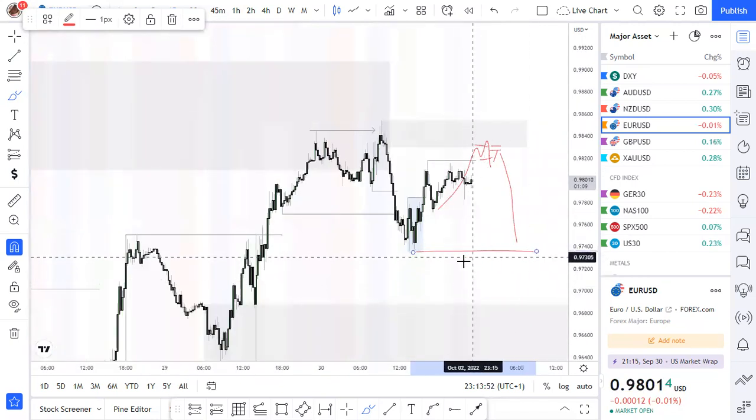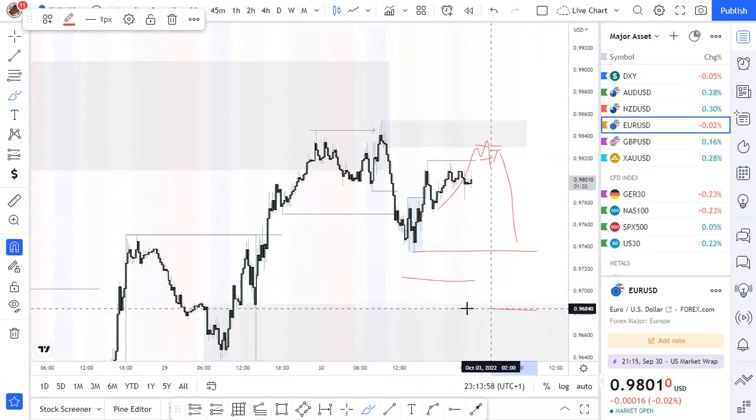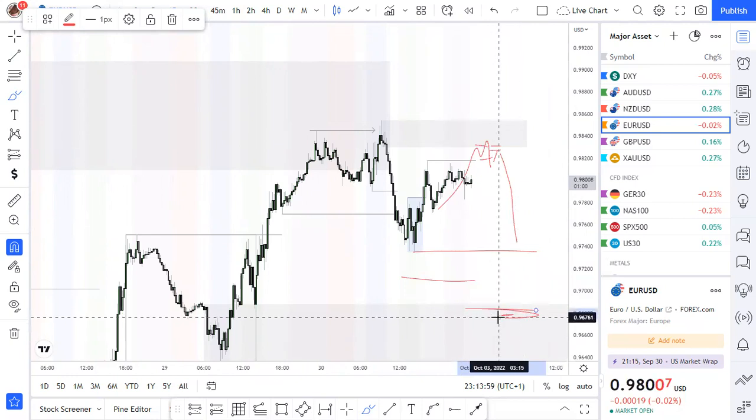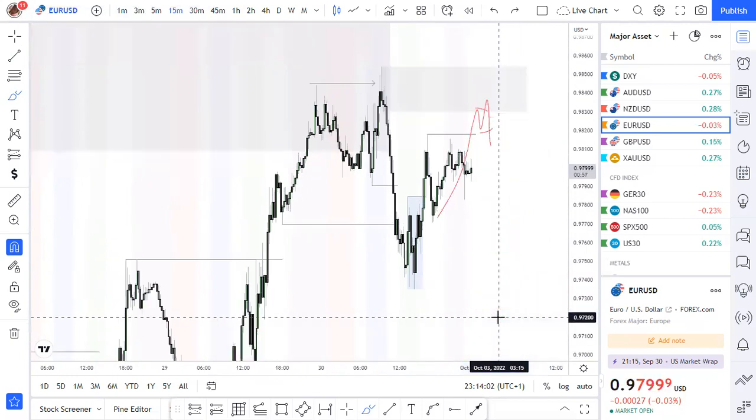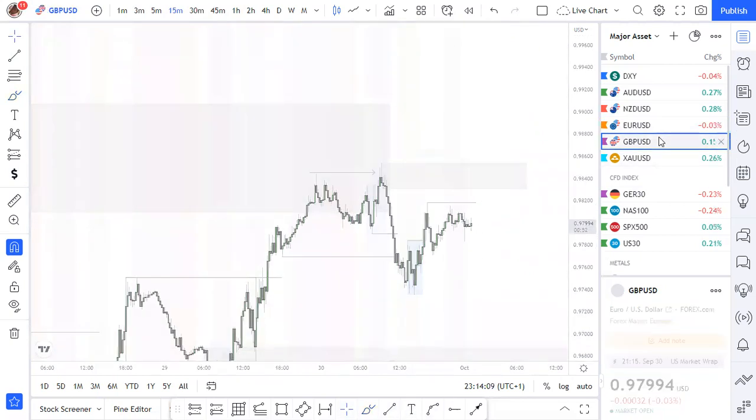Or we can still just wait for a break in structure on the 15 minutes, or for price to tap into this zone down here. So that's just how we'll be looking at it for Euro USD going into next week.